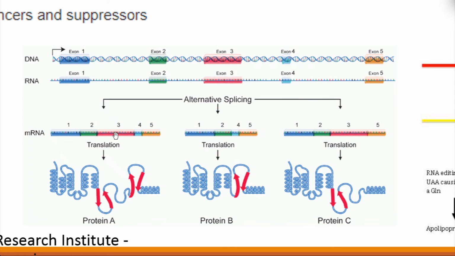Now what happens in alternative splicing is, we join the exons together but in a different manner to produce different proteins.